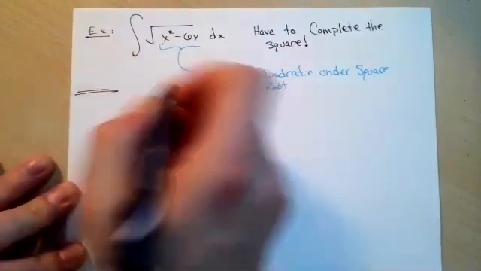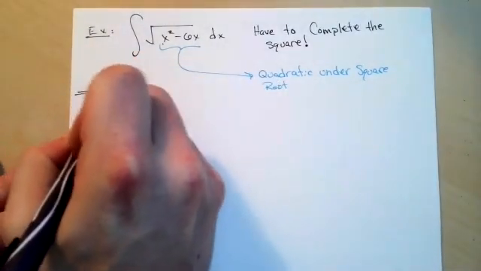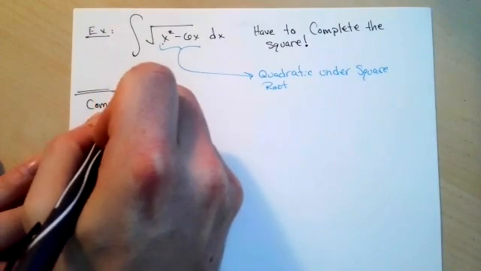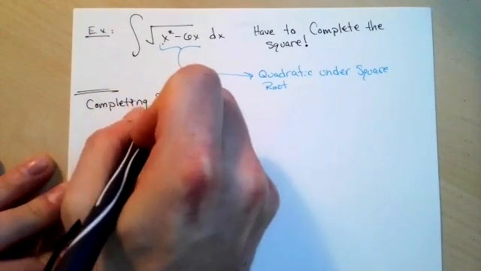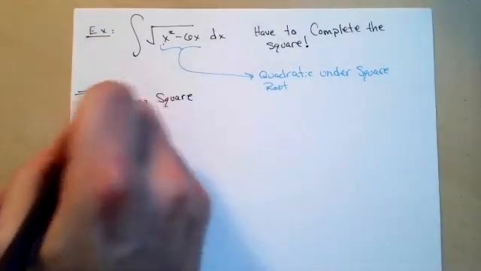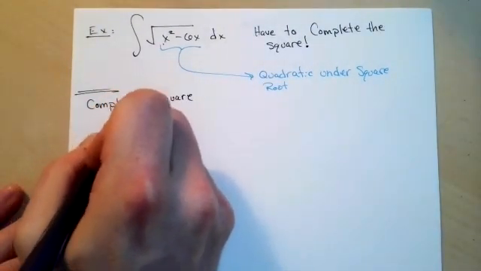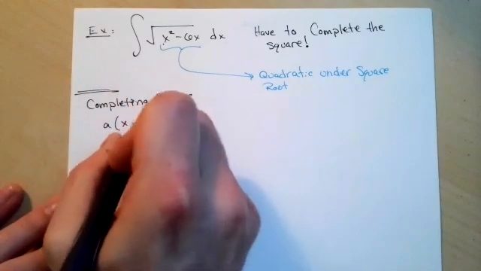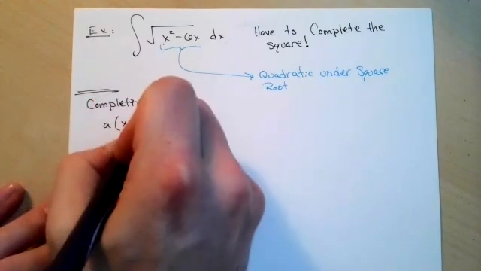So let's work on completing the square. Why do we want to complete the square? So if you remember, actually here, let me use x minus h.